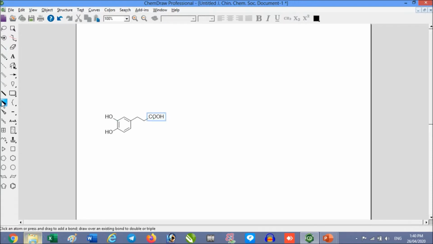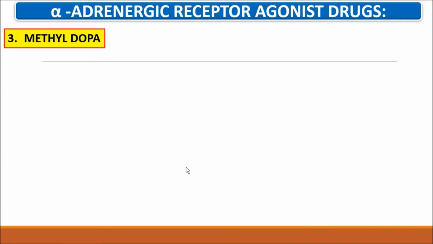On the top side at this position we have an NH2 group, and at the bottom side we have the CH3. So this is the structure of methyl dopa.